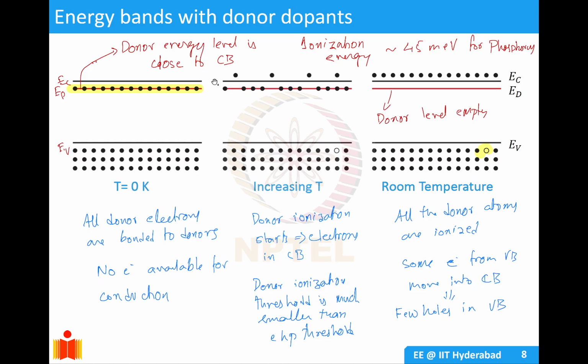So at thermal equilibrium, there are more electrons than holes. That is why in an n-type semiconductor, there is higher electron concentration than hole concentration at a particular temperature.